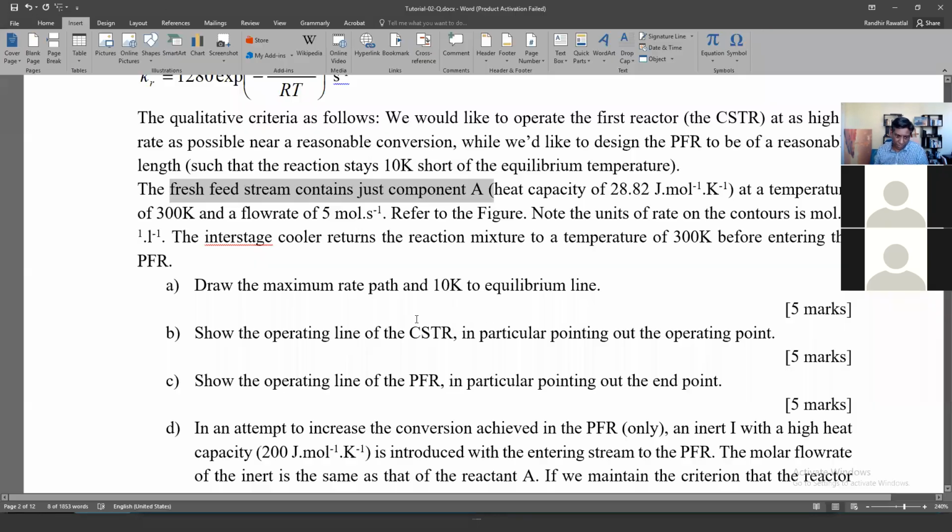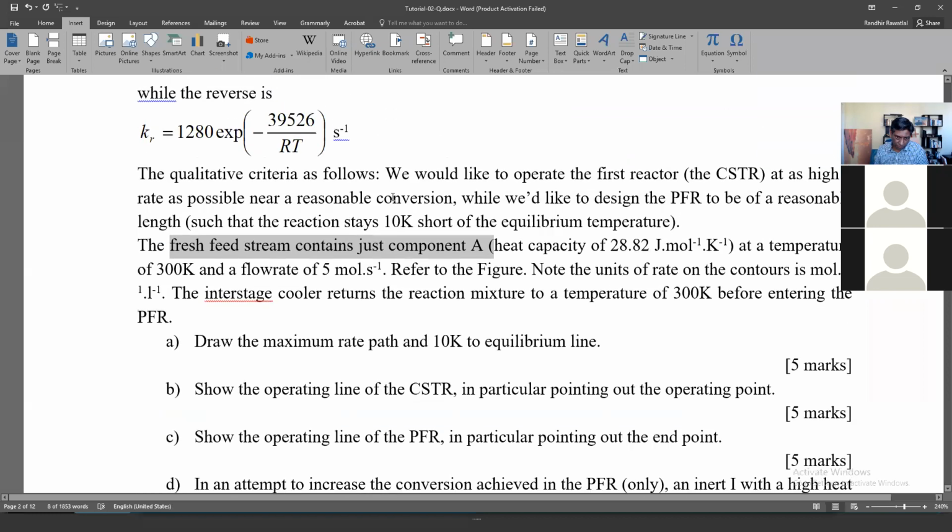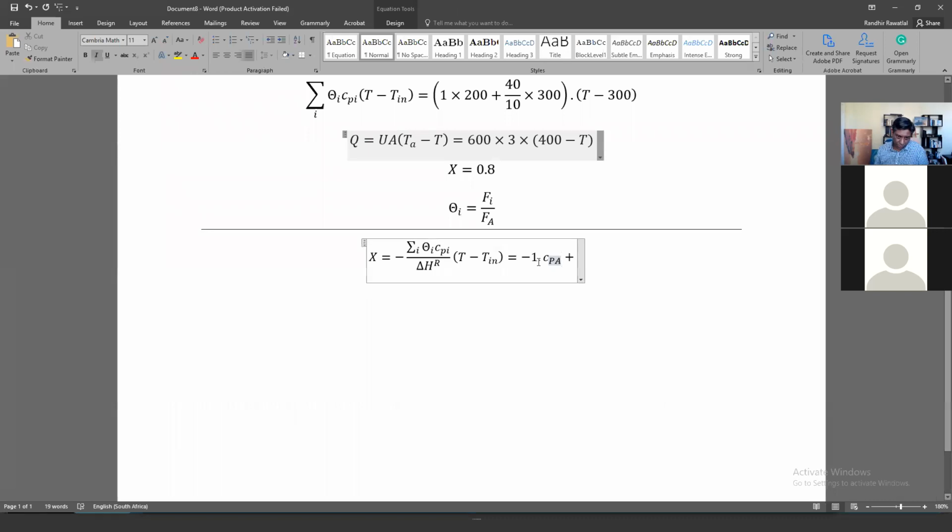And CPA is what? Heat capacity 28.82, that's the heat capacity of A. And then we want to divide by the heat of reaction.